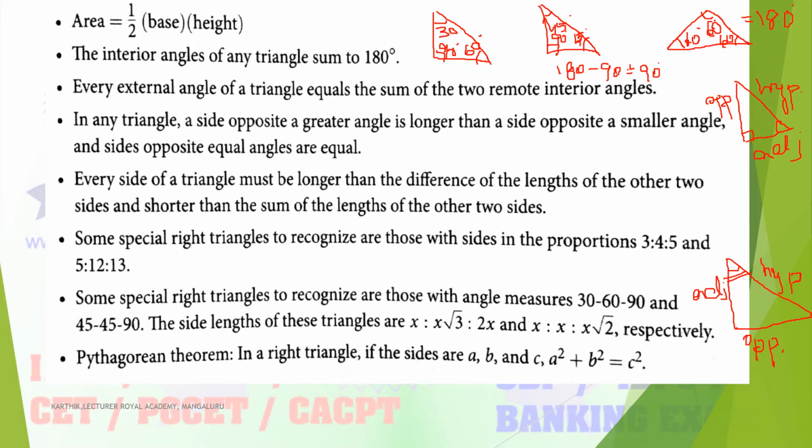Consider this A, this B and this C. Based on the Pythagoras theorem, A square plus B square is equal to C square. This also you just remember. I hope all of you understood.